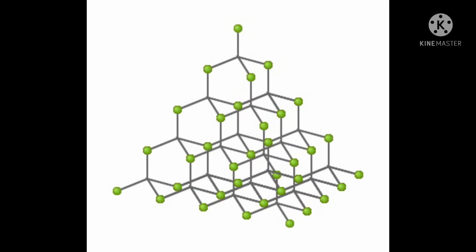Diamond crystal has a tetrahedral arrangement of carbon atoms. The compact and rigid three-dimensional structure of the carbon atoms gives it a very high density. The melting point of diamond crystal is also very high, about 3500 degrees Celsius, because a lot of energy is required to break the strong covalent bonds held in a three-dimensional structure.